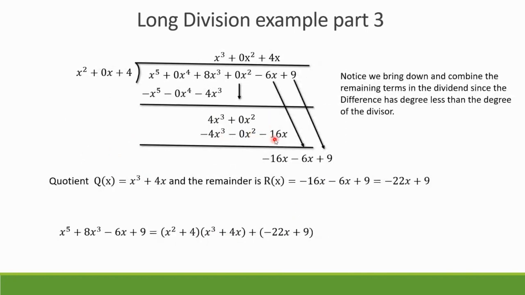When we subtract it, the 4x cubes are gone. The 0x squares are gone also. And we have minus 16x, and that's here. Now, notice we stop because we have minus 16x. The degree of this is 1, which is less than the degree of the divisor.